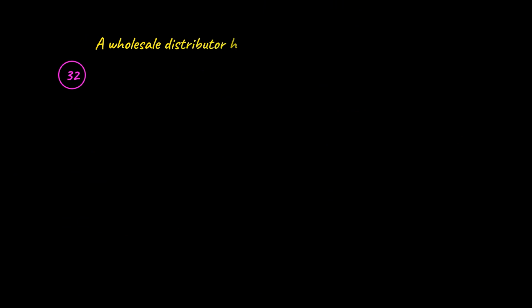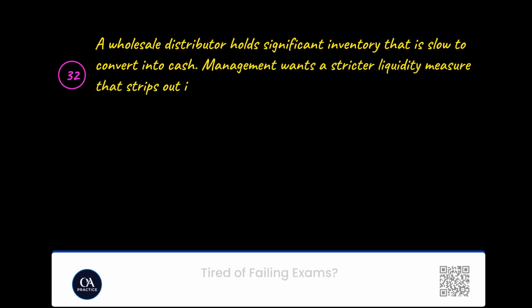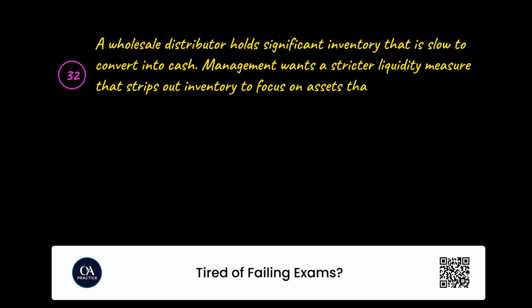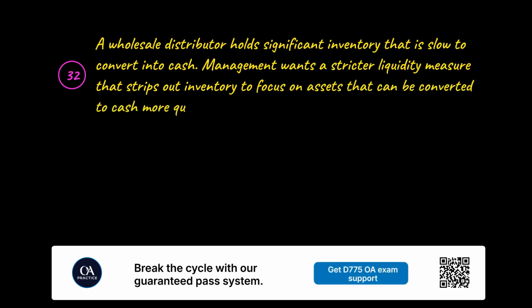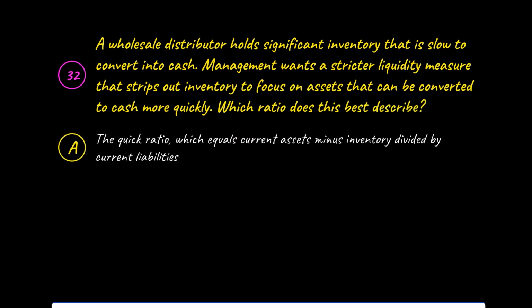Question 32. A wholesale distributor holds significant inventory that is slow to convert into cash. Management wants a stricter liquidity measure that strips out inventory to focus on assets that can be converted to cash more quickly. Which ratio does this best describe? Your options are A. The quick ratio, which equals current assets minus inventory divided by current liabilities.